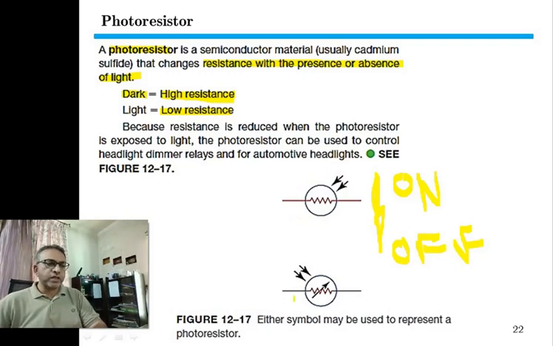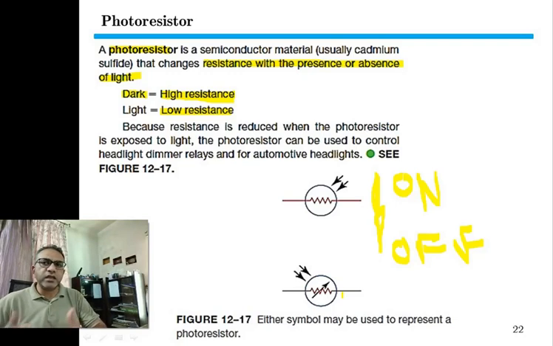However, in this next diagram, we see that there is an arrow over the resistance. This arrow represents a variable resistance. So the meaning of this diagram is that as light increases, the resistance gradually decreases. When there is no light, there is maximum resistance and we get minimum current.